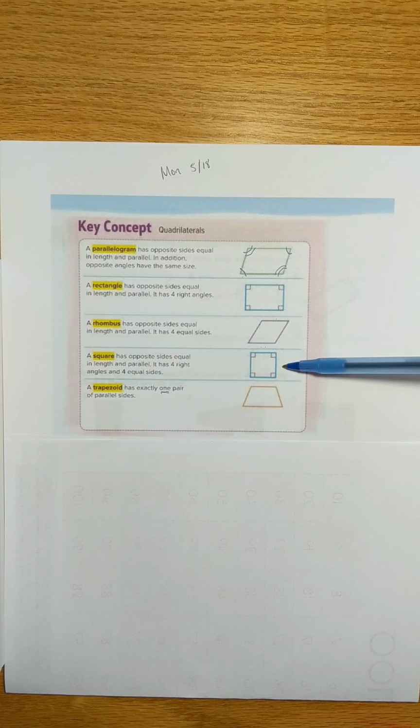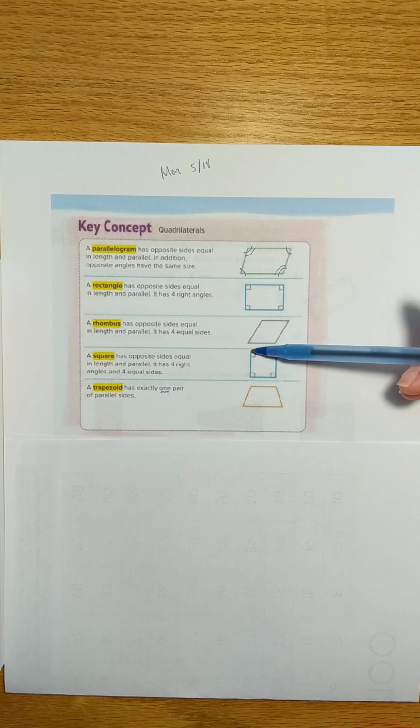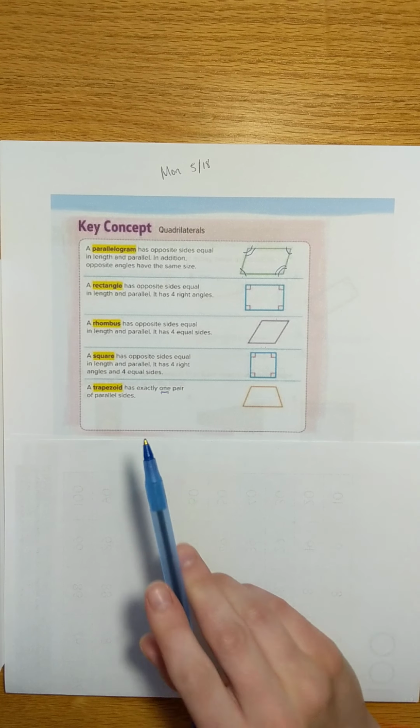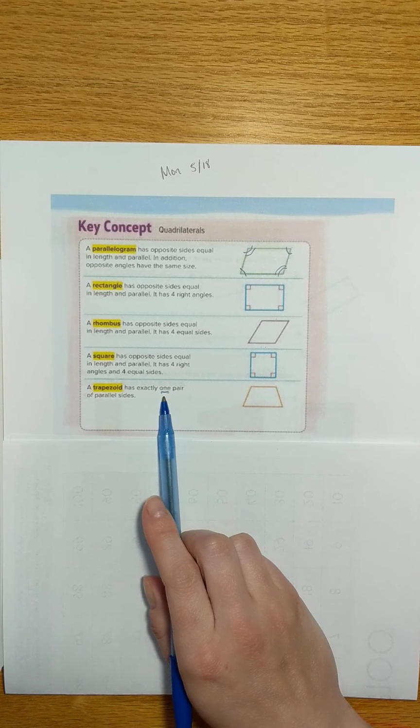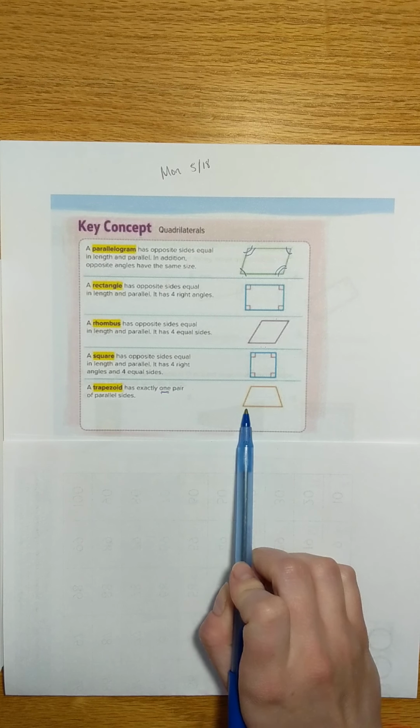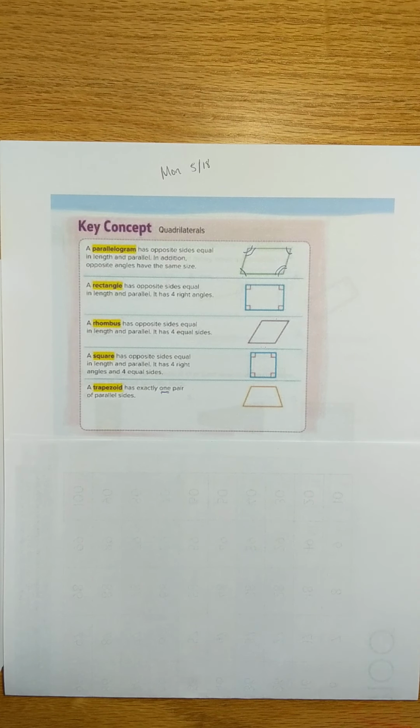A square has opposite sides, equal in length and parallel, and it has 4 right angles, and all of the sides are equal in length. A trapezoid has exactly 1 pair of parallel sides. So in this trapezoid, the top and the bottom sides in that model are parallel. That's its one set of parallel sides.